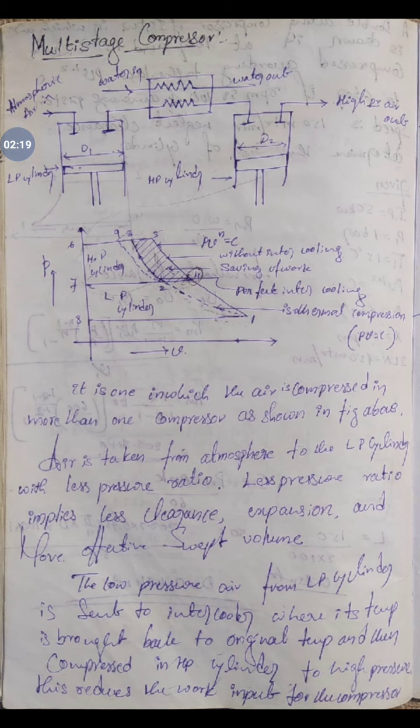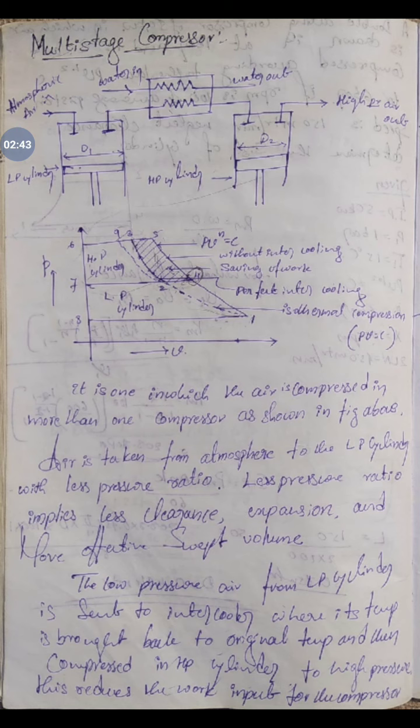So to reduce it, we cool the air compressed in the LP cylinder back to its initial atmospheric conditions, and then compress it in the HP cylinder. That is why we provide an intercooler in between the LP cylinder and the HP cylinder.